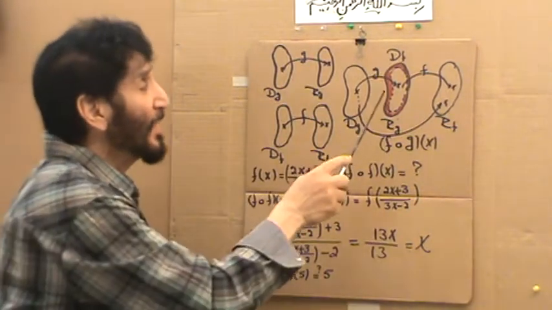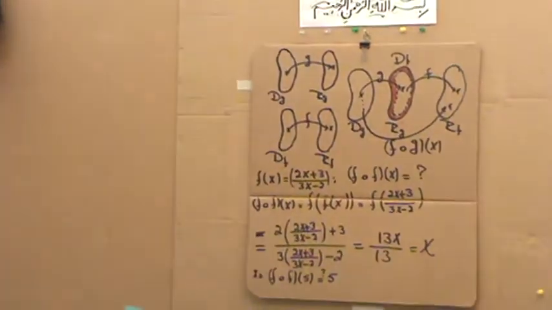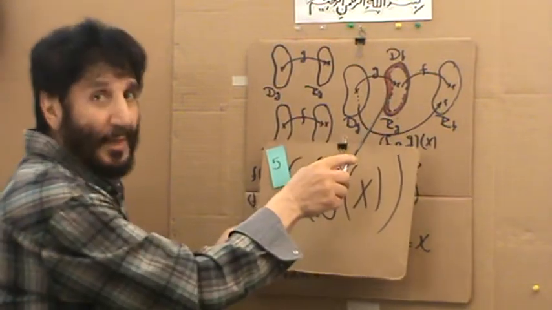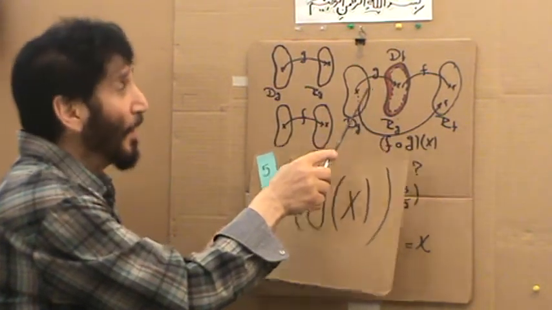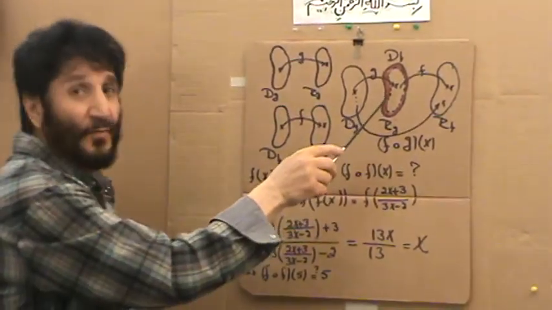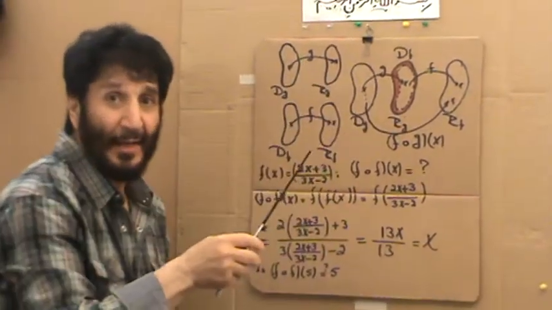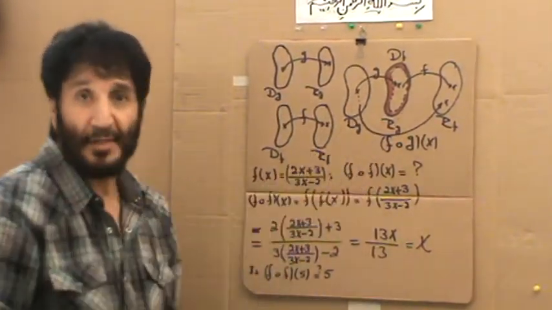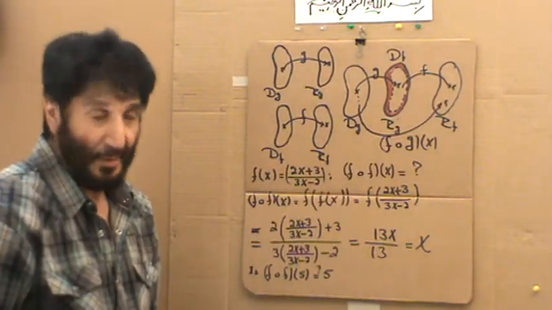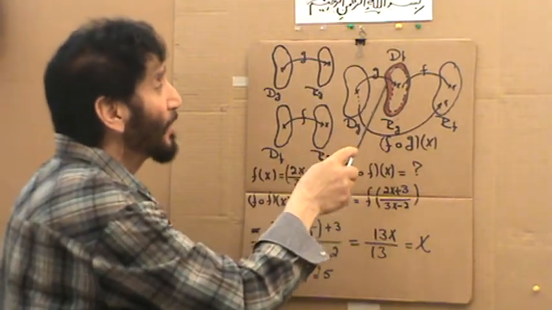Now, how does this one work? Because here I mentioned that the range of g must fall into the domain of f. Here it is falling, but how does it work now? f will be taking elements from the range of g, which is in its domain, and assign, according to the rule of correspondence, elements in its range. Now here, what happens to the rest of them?